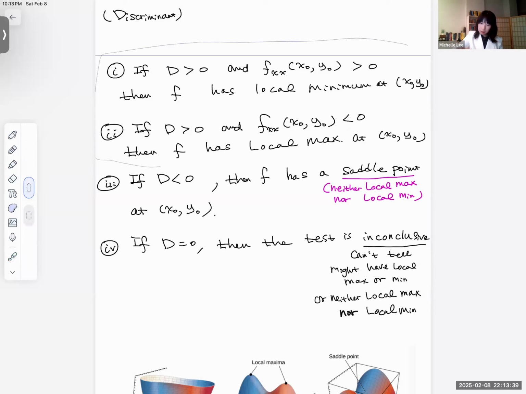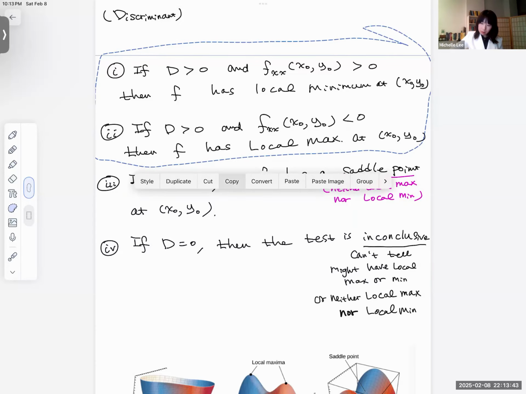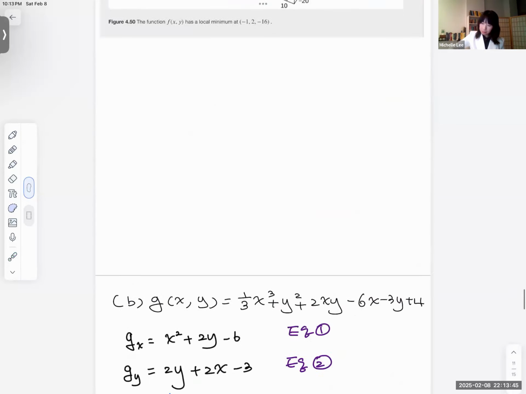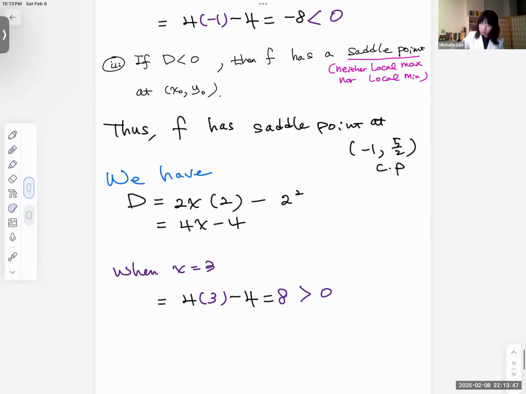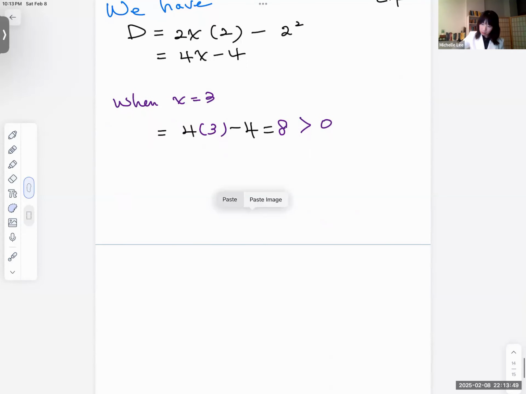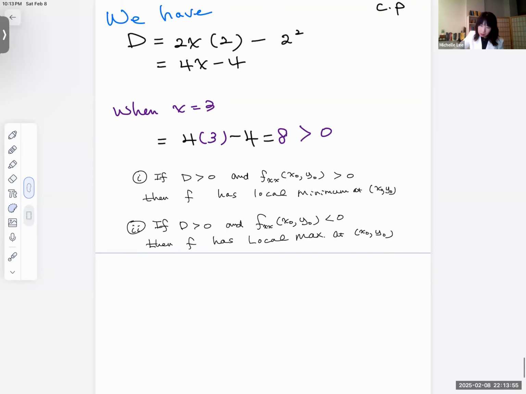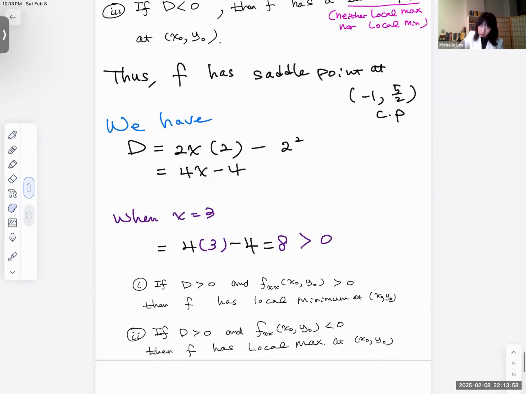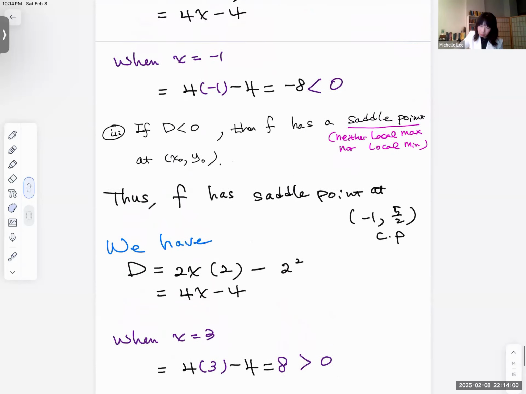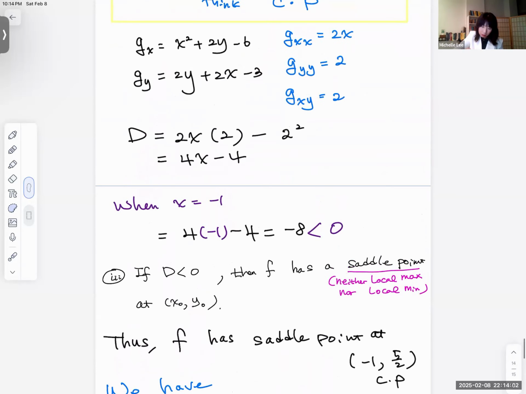So let's copy. Okay. So partial derivative, we need only this.